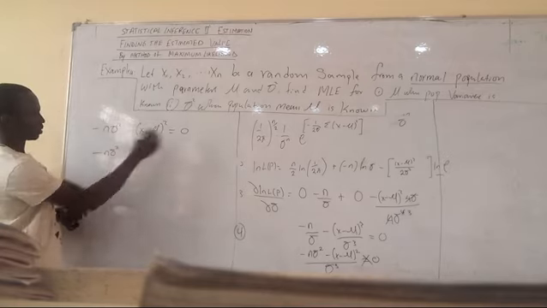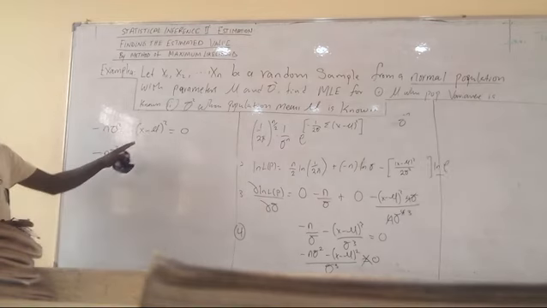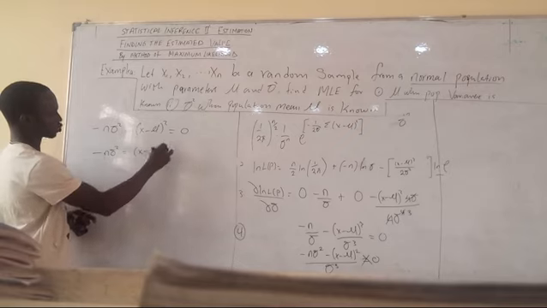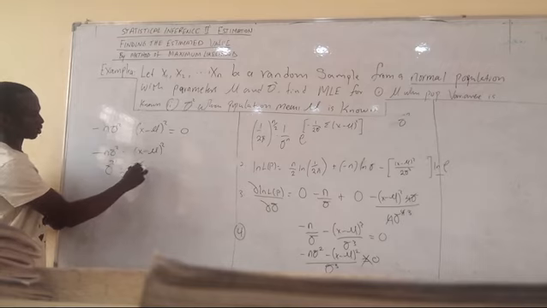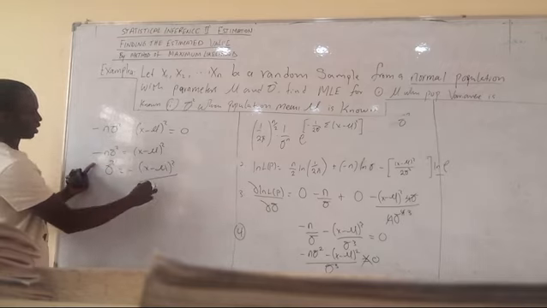Yes, let's go. It becomes the summation of x minus mu squared. So my sigma squared is equal to the summation of x minus mu squared over n.